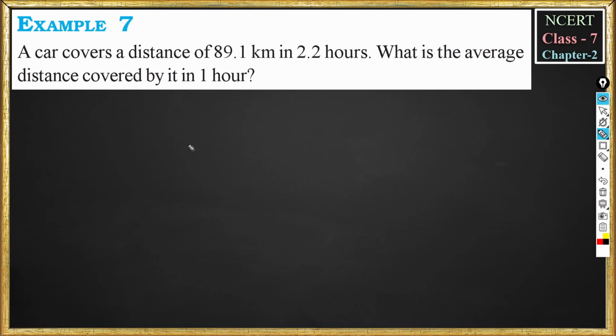Example 7. A car covers a distance of 89.1 km in 2.2 hours. So what is the average distance covered by it in 1 hour? Given that the distance covered by a car in 2.2 hours is equal to 89.1 kilometers.